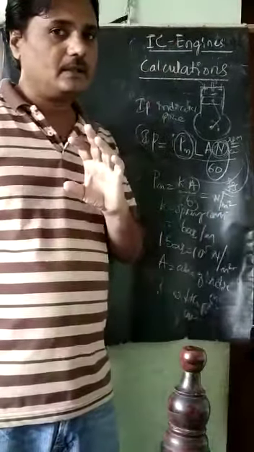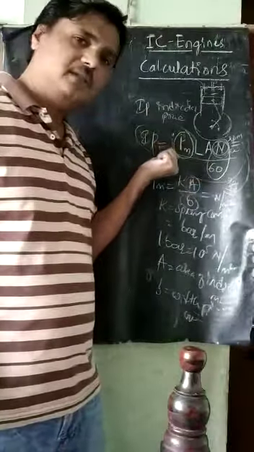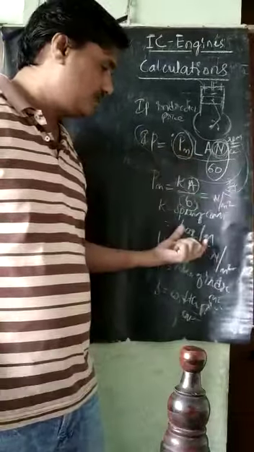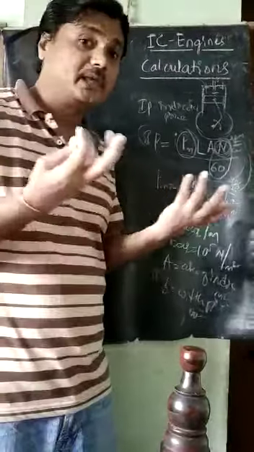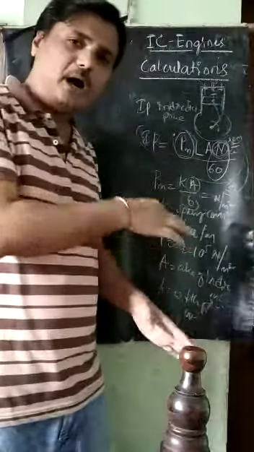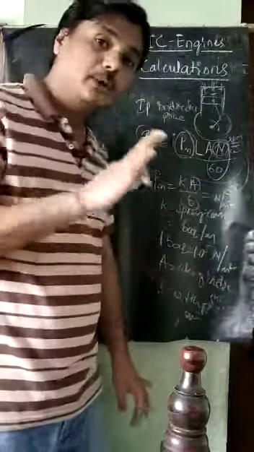This is how PM is taken, where I is the number of cylinders. PM is the mean effective pressure; we can calculate it, or sometimes it is given directly, but whatever the unit, bar or otherwise, it has to be converted into Newton per meter square.